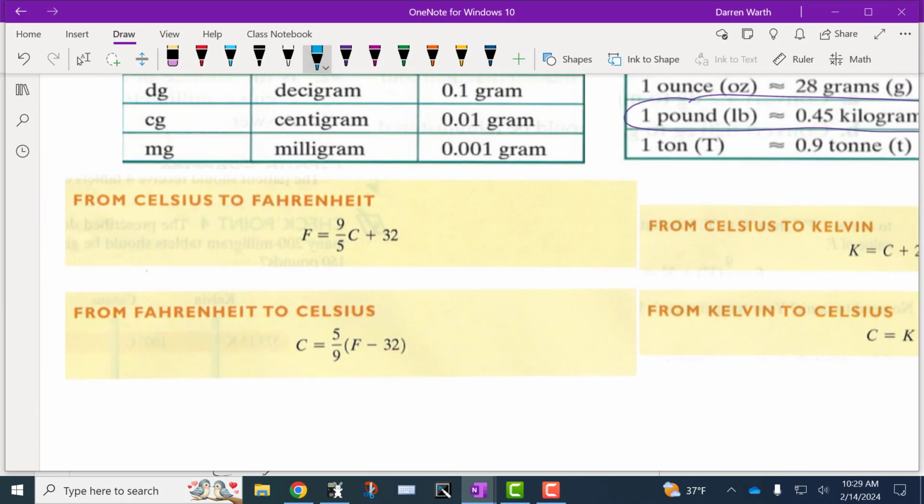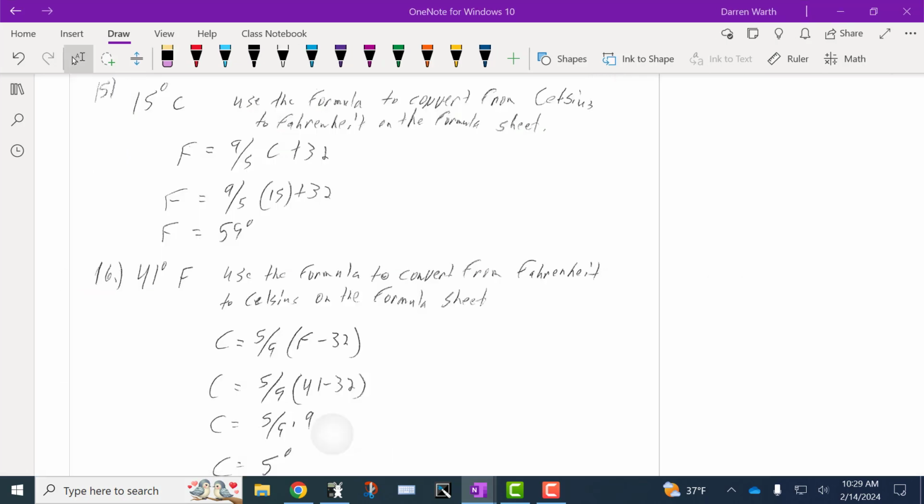Here's my first formula: 9/5 C plus 32 is what Fahrenheit is equal to. And I've also got this other formula, C equals 5/9 times F minus 32. So for number 15, we're going to use Fahrenheit equals 9/5 Celsius plus 32.